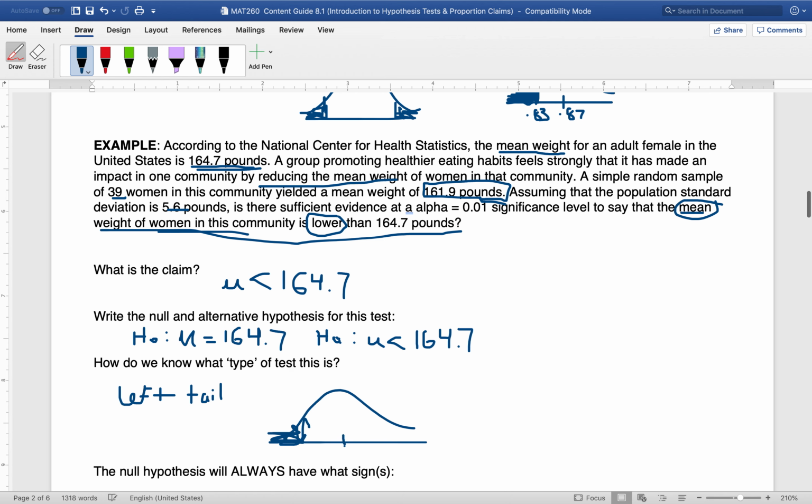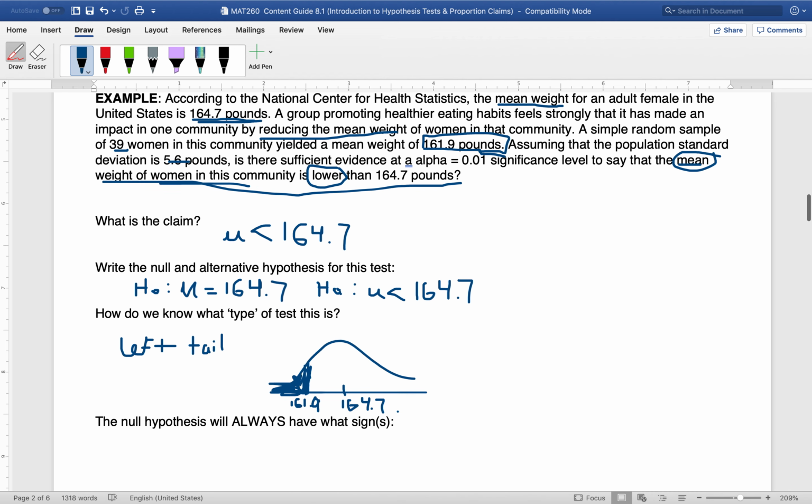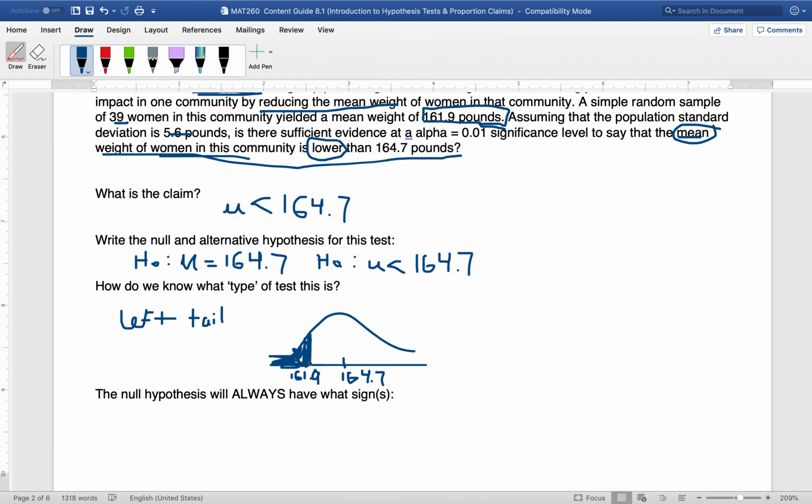So we're saying if the mean was 164.7, and they got a value of 161.9, we want to know if this 161.9 is significantly lower than the 164.7 to say that they actually reduced the weight. So that's what we're looking for in these problems. We want to see if there's actual significant evidence that it was reduced in this question.